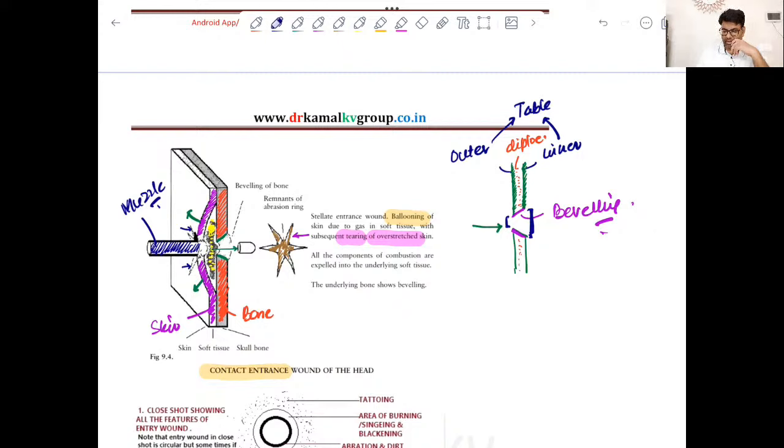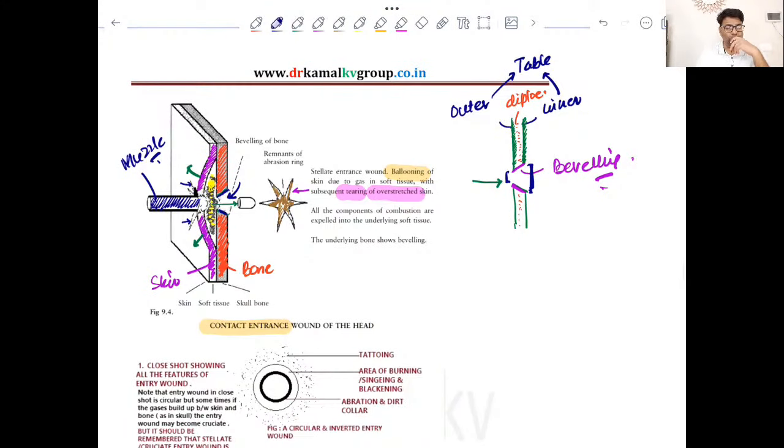So that is very important. Beveling is seen. It means the size is small on one end and bigger on the other side, and that is because of beveling, right? So that is the thing which has been shown here. So this is in short about contact entry wound.